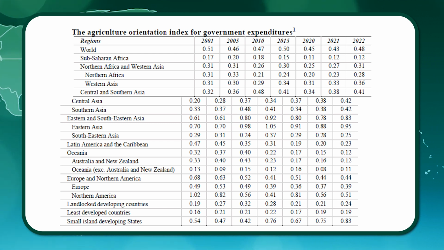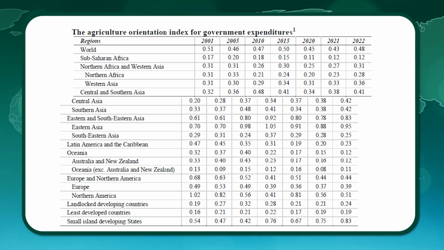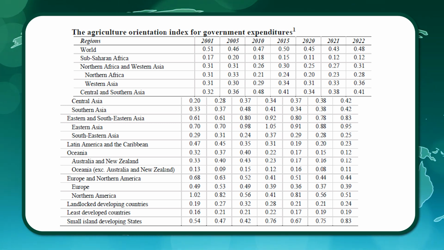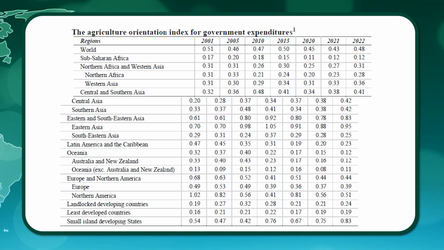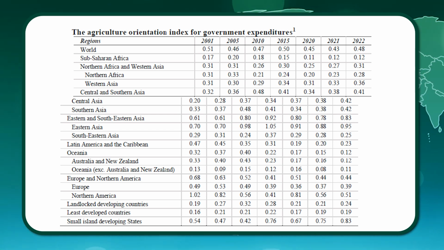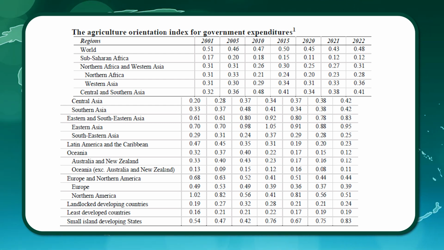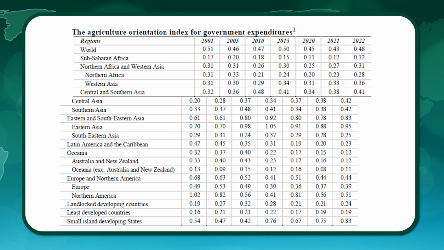When it is greater than 1, it indicates that public expenditure in agriculture is relatively higher than the sector's GDP share. Here all these scores are below 0.48, so our expenditure on agriculture is less. We must improve it.